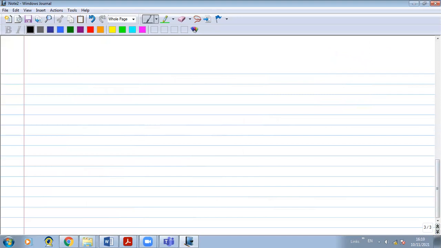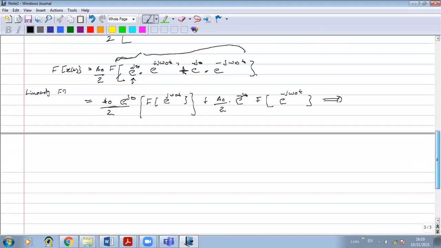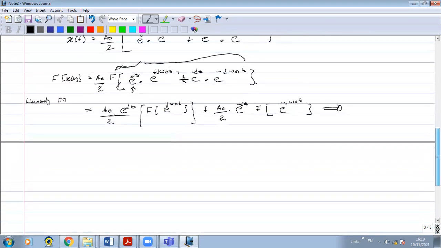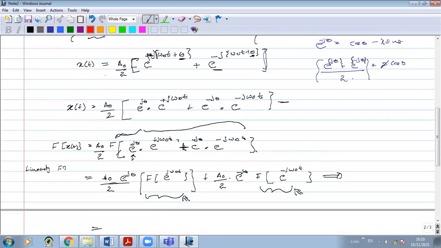We need no integration, because these two Fourier transforms are given as known facts. So simply we can substitute the value here.